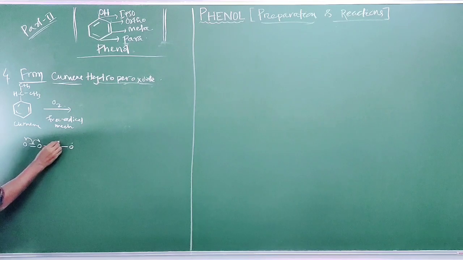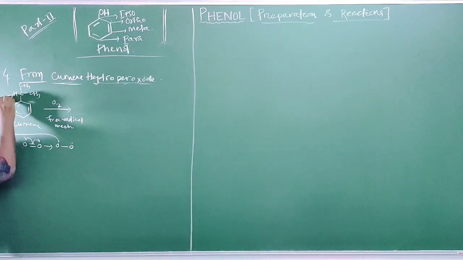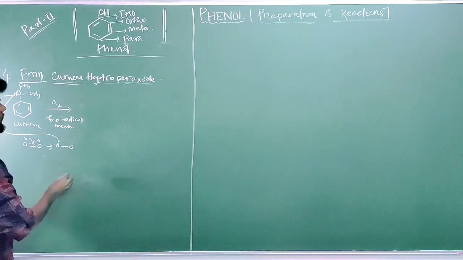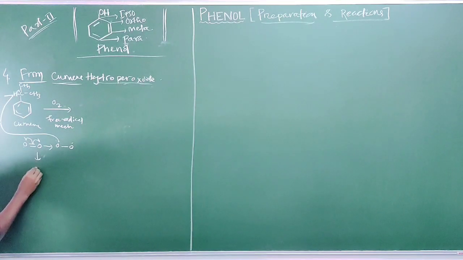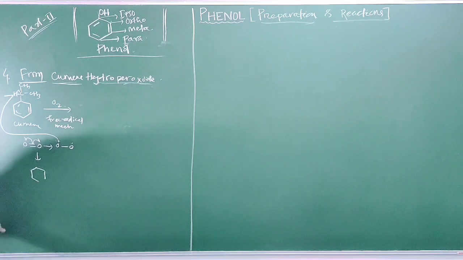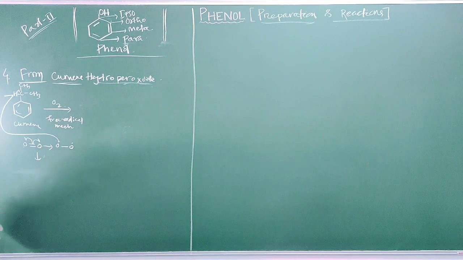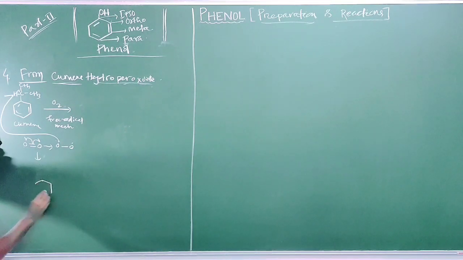This one, the oxygen free radical, one electron takes the hydrogen, takes this hydrogen. Why? Because of the resultant free radical, and this bond moves over to the carbon atom, so what will it form?